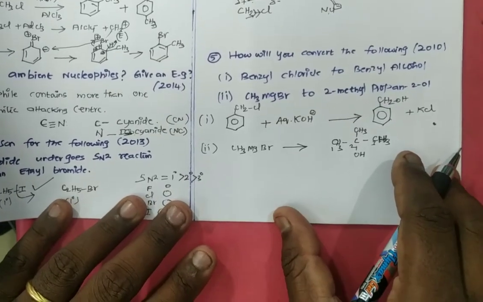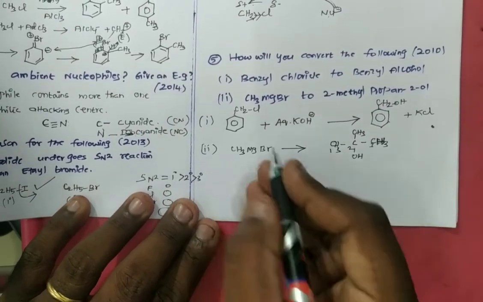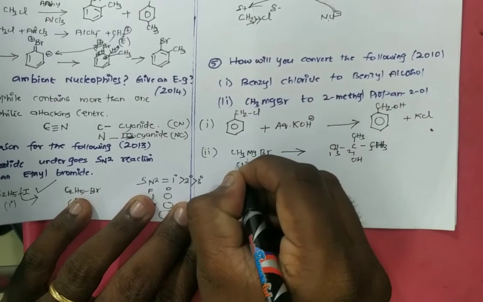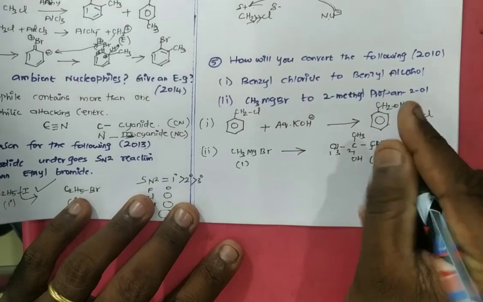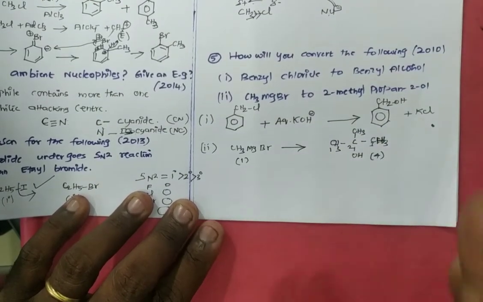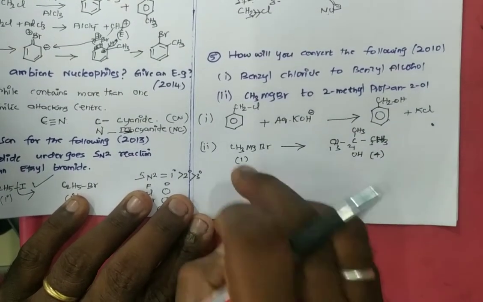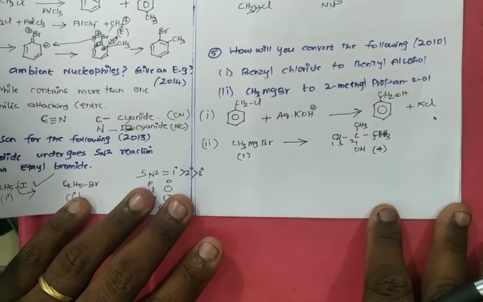Now we have to look very clearly. On the reactant side, how many carbon atoms do we have? Only 1 carbon atom. But on the product side we have 4 carbon atoms. So we have to add a minimum of 3 carbon atoms to the methyl magnesium bromide. How will we convert this?